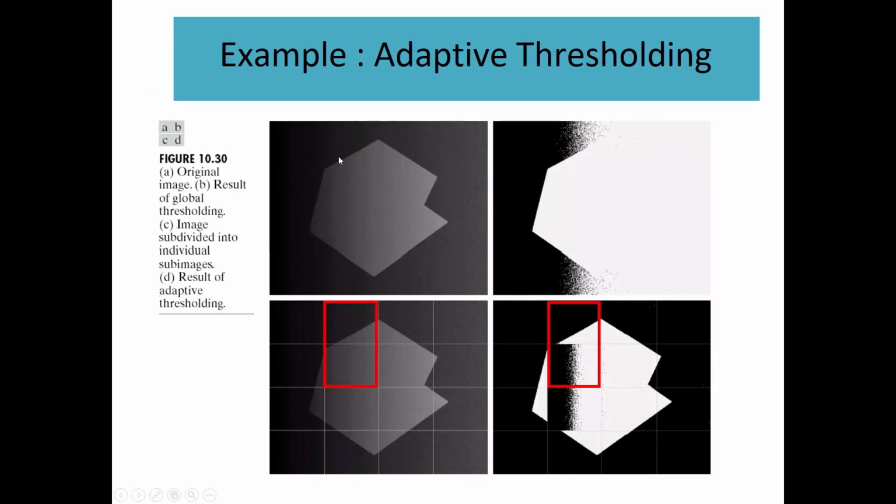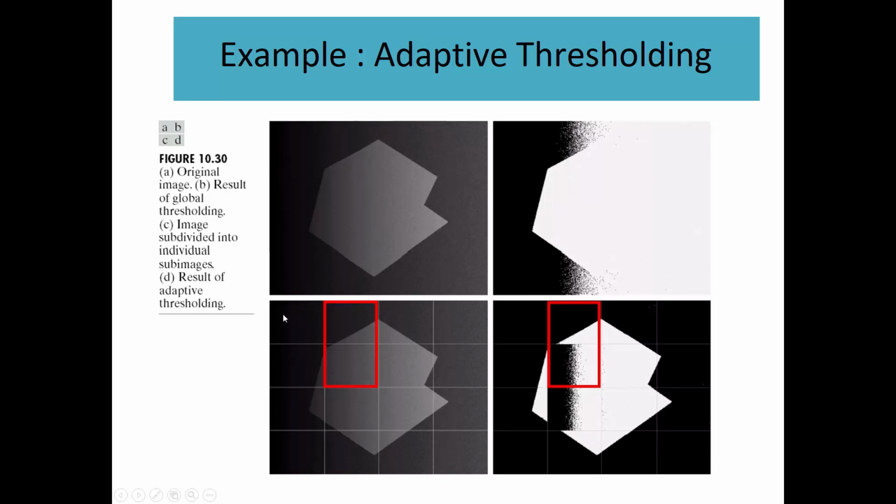So we have to move towards adaptive thresholding. If we choose a global threshold value, you can see the segmented response of this image is a very poor segmentation.